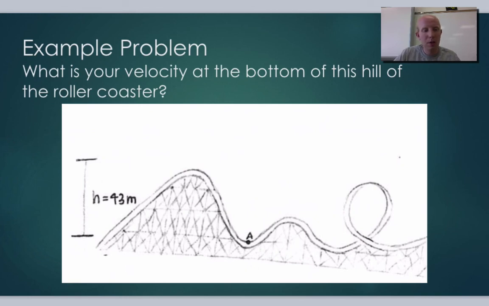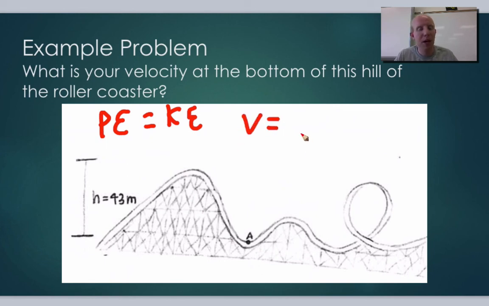So all we know is that this hill is 43 meters up. We know we're starting with potential energy and ending with kinetic energy, and we're solving for the velocity, and we get the same result as we got before. The velocity at the bottom of the hill will be the square root of 2gh. So we just plug in what we know.